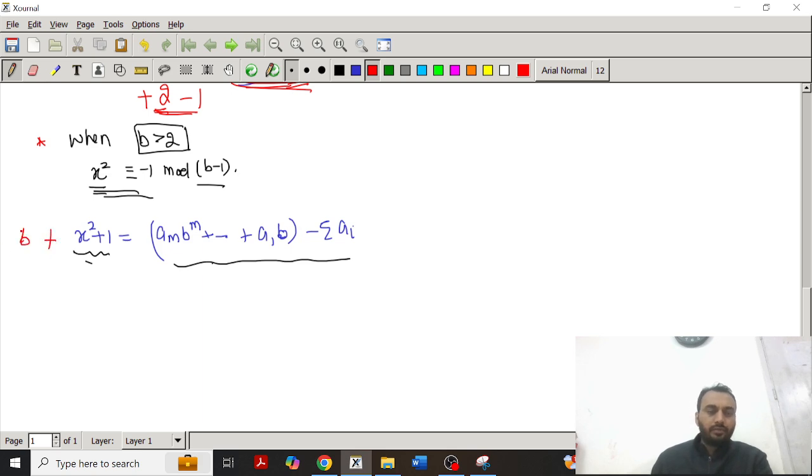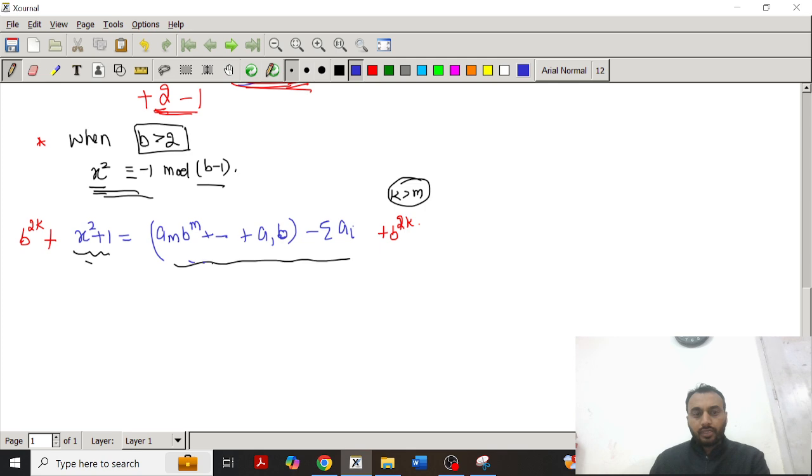if I add b power 2m, or I can say b power 2k, both sides, and saying that k is greater than m, so b power 2k we are adding both sides.